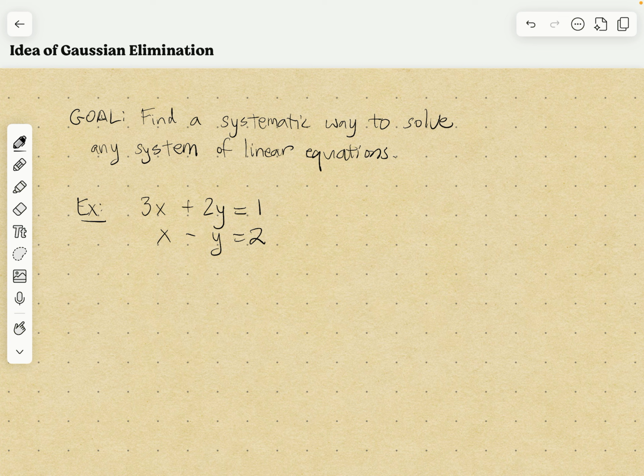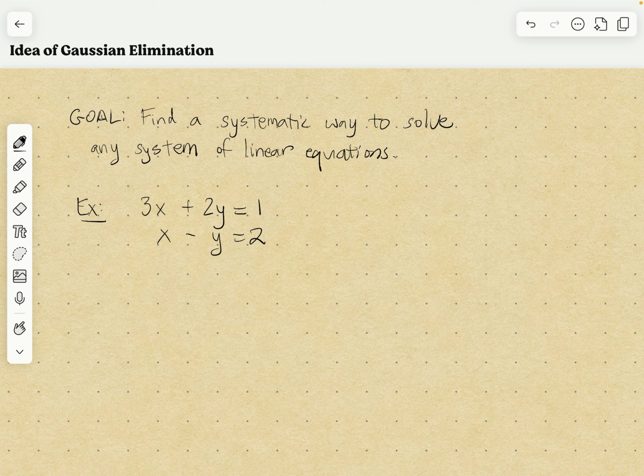You could take the second equation and solve for x in terms of y, and then substitute that back into the first equation, and then solve for y, and then plug that in and solve for x. For systems with lots of equations and lots of variables, or lots of unknowns, that's going to be time consuming, but it does work.